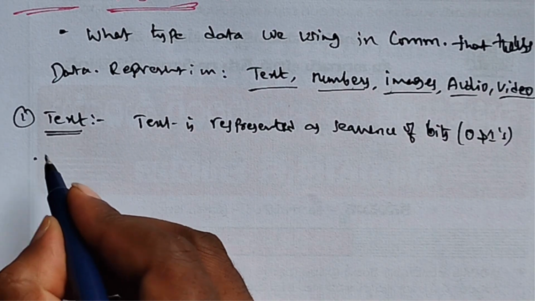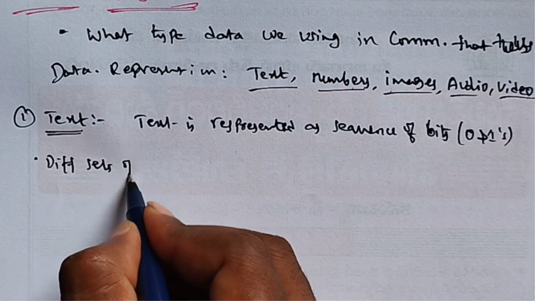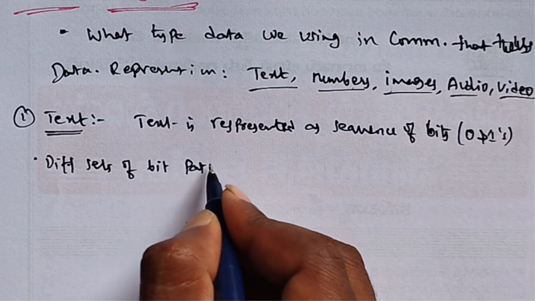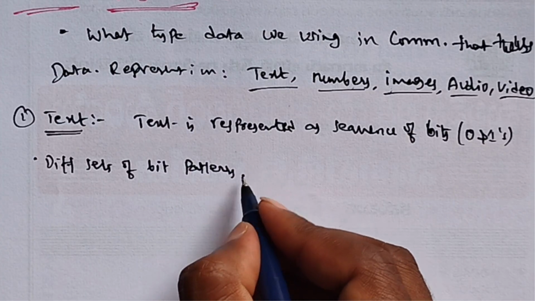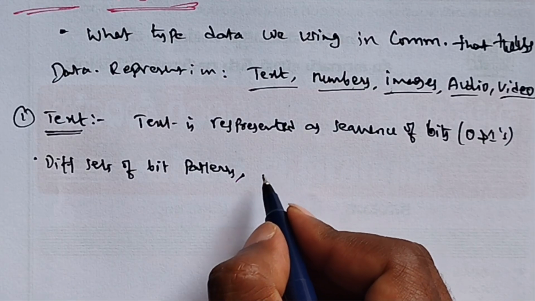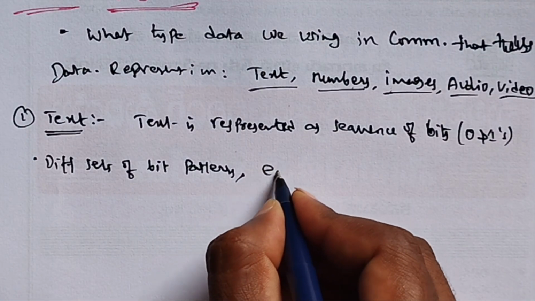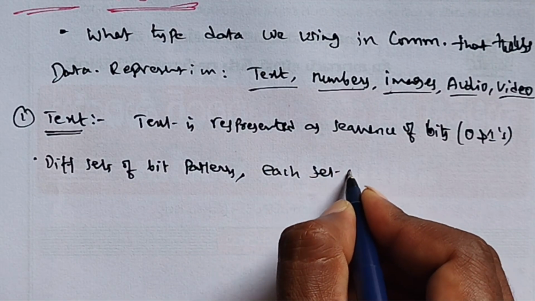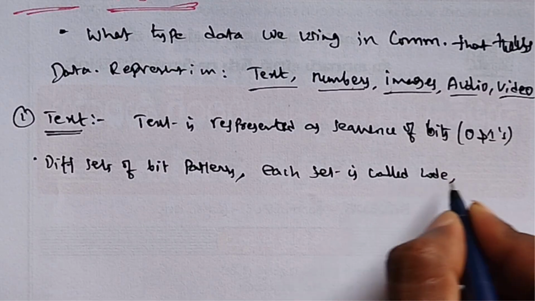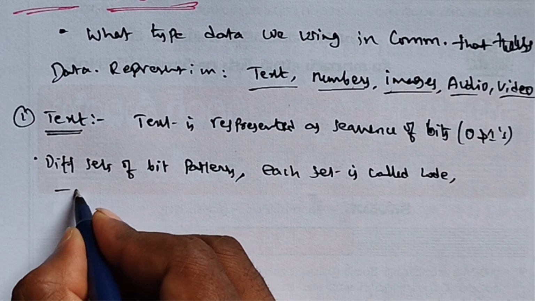Different sets of bit patterns, and each set is called a code, and the process of representing symbols is called coding.